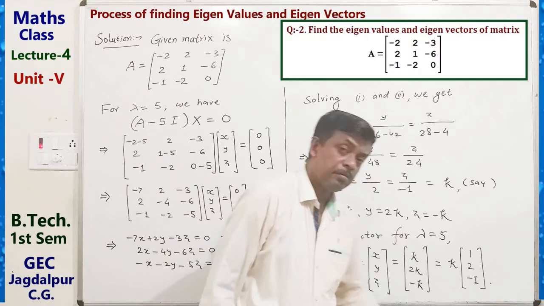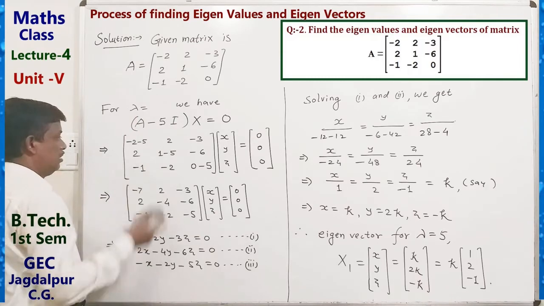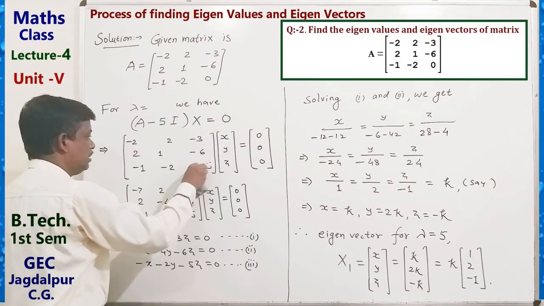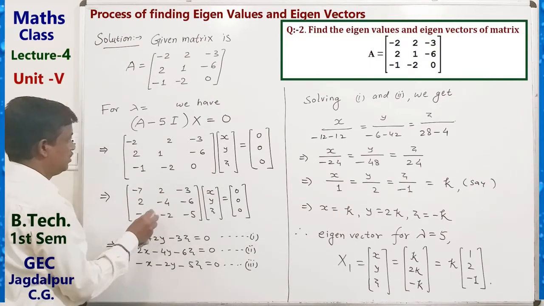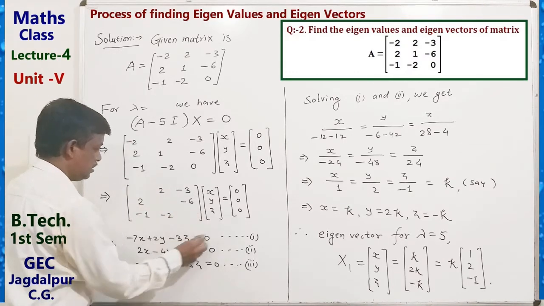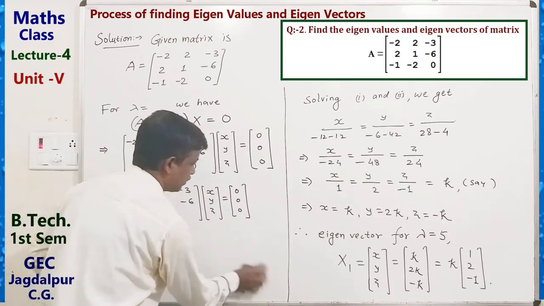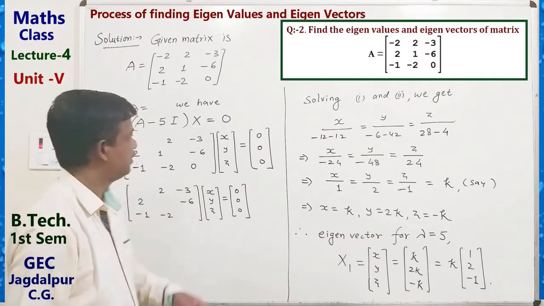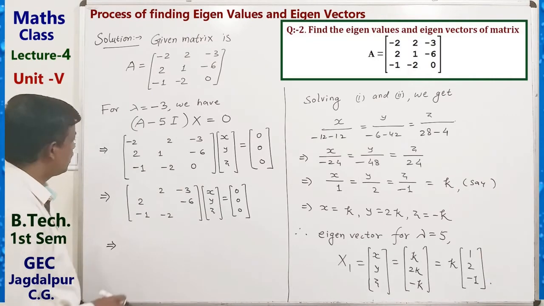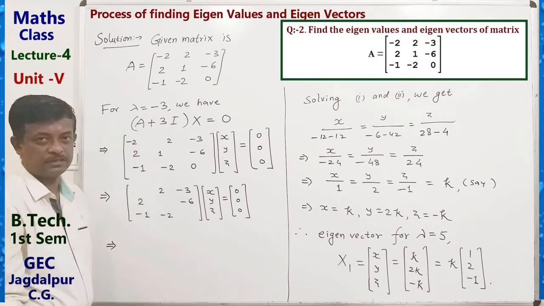Similarly, minus 3 and minus 3, both are equal, second time. So here we can find the values. Just see for the second lambda equals minus 3. So lambda equals minus 3, that means here plus 3, minus minus plus 3.